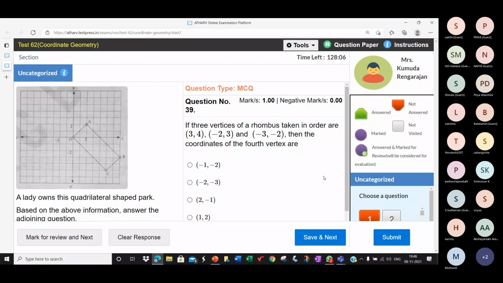If 3 vertices of a rhombus are given to you, this is different information, not based on the figure given here. If 3 vertices of a rhombus are taken in order, then the coordinates of the fourth vertex are? Please draw a rough figure. Mark the coordinates of the vertices.